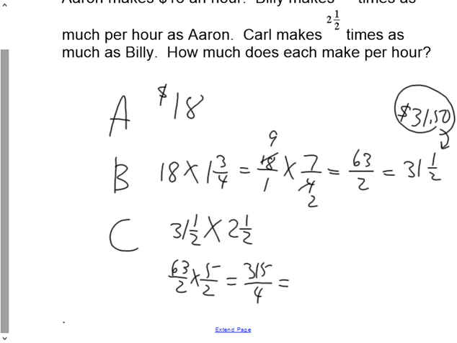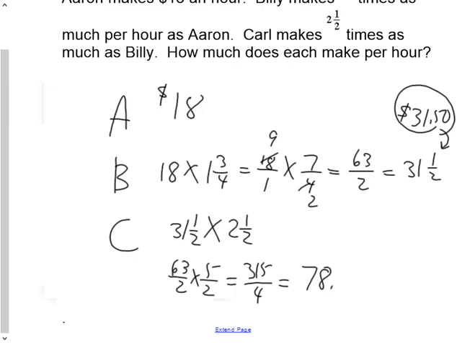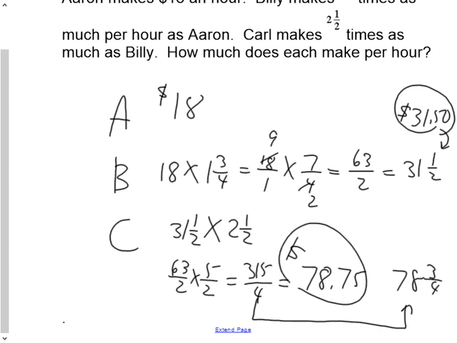And if I use my calculator, because I really need the decimal here, what is 315 divided by 4? It's 78.75. That's how much he makes an hour. Or as a fraction, it would be 78.75 dollars. So how much does each make? Well, Aaron makes 18, Billy makes 31.50, and Carl makes 78.75.